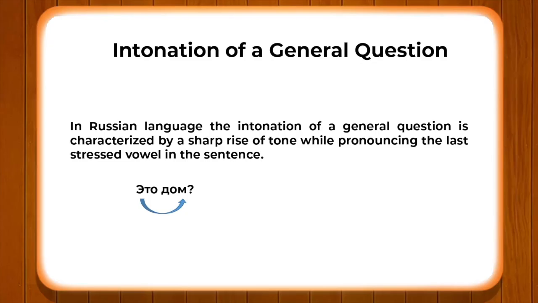In the first sentence, where the person is asking a question, eta dom, there is a rise in the tone, whereas when answering the question, da, eta dom, there is a fall in the tone. Likewise, this rise and fall in the speech or the tone is intonation.